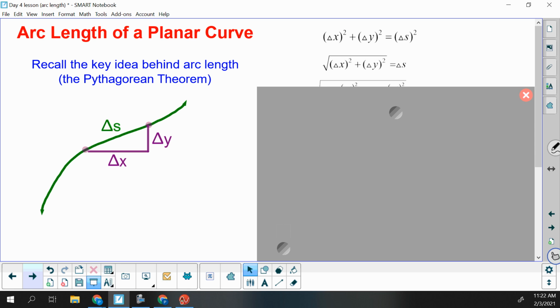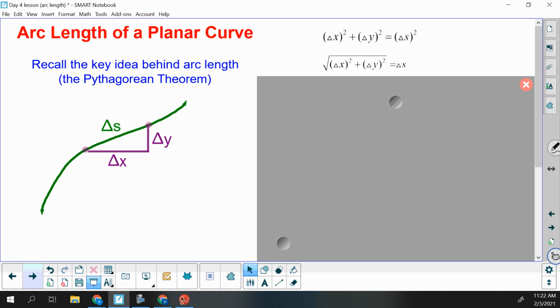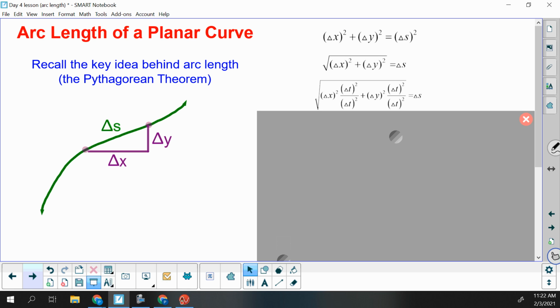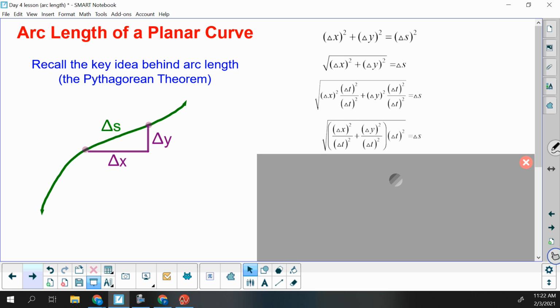So say we have change in x squared plus change in y squared equals change in s squared. Get the change in s squared by itself. Well, we want our functions in terms of t's, so we're going to force that. So let's multiply each of those by delta t squared over delta t squared. We'll slide one of them under the delta x and the delta y squared and pull out the delta t squared.